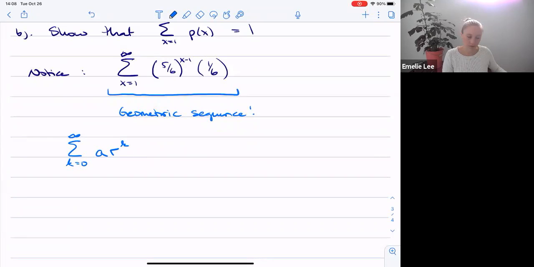You can use different variables here. As a rule, this is a over 1 minus r, as long as the absolute value of r is less than 1, right? We can't deal with r's that are greater than 1 on the absolute value scale.